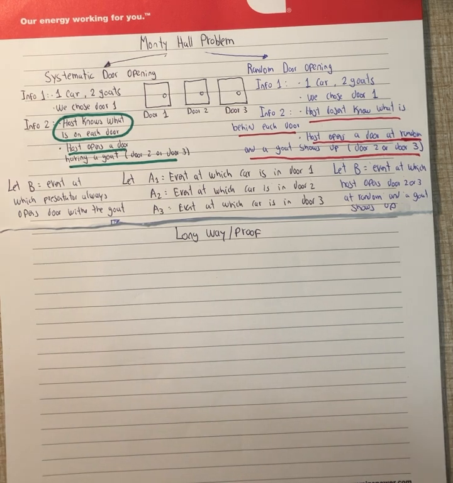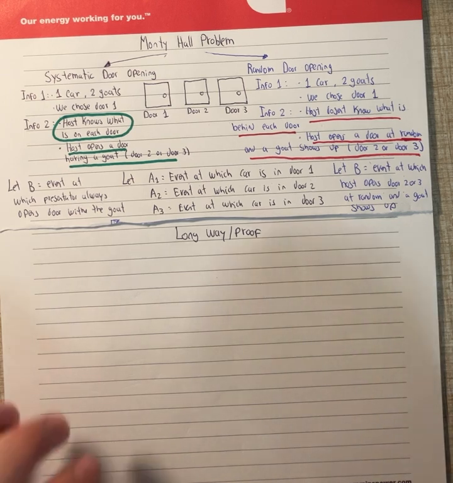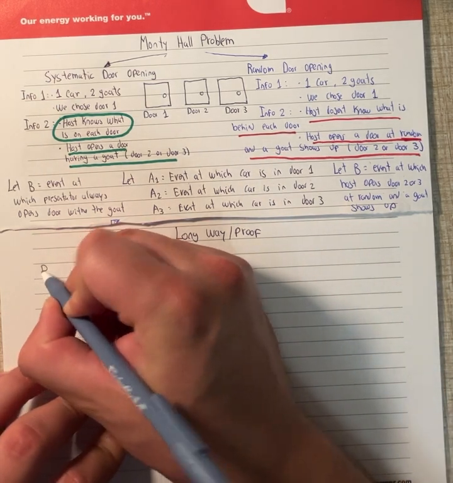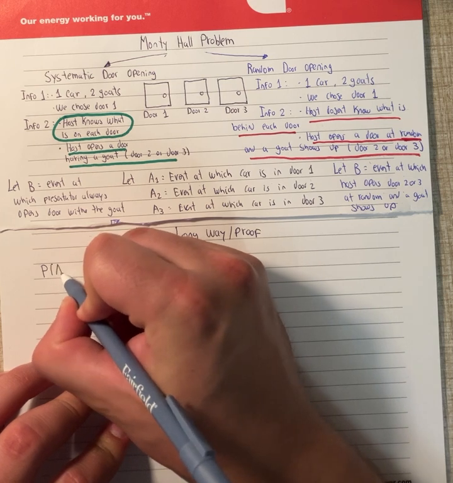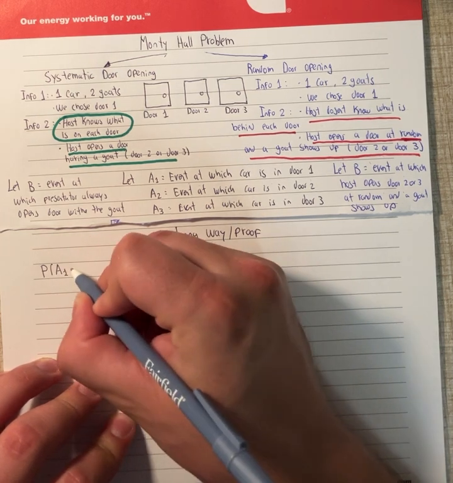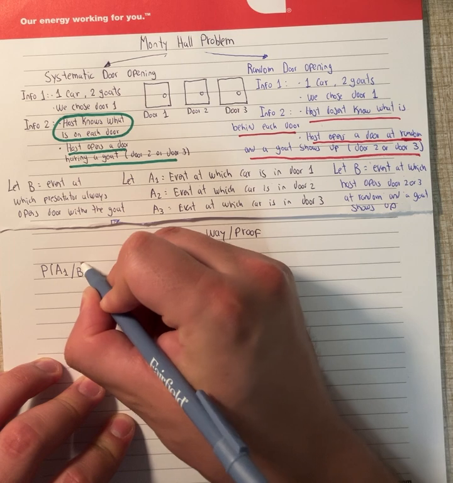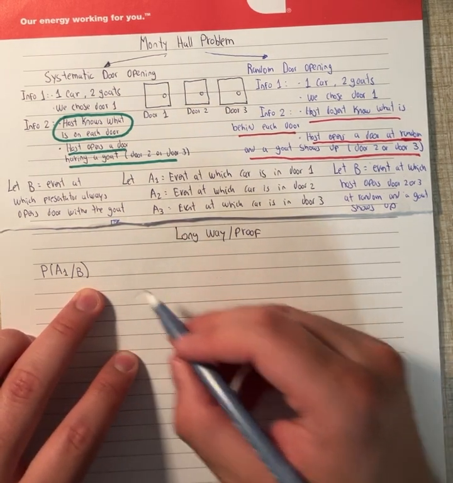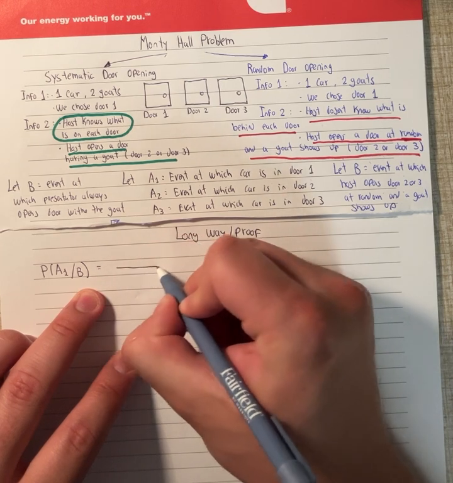Remember that Bayes' theorem is very useful for exactly this, for updating probabilities after more information is provided to you. So I want to know the updated probability of A1 happening given that B happened. Remember that we went through where this formula comes from in previous videos.